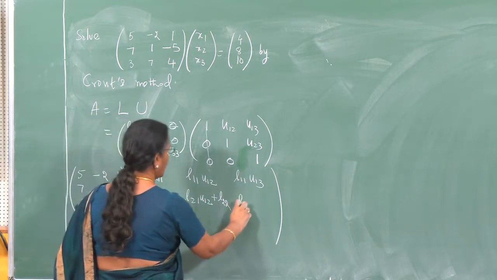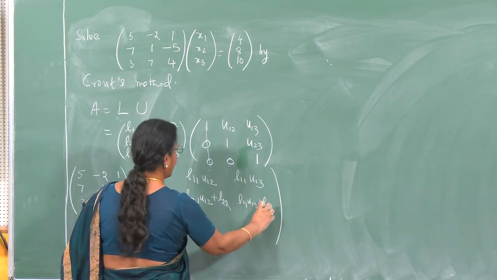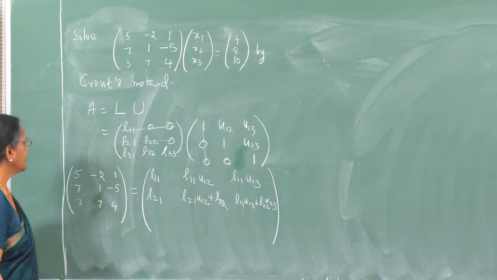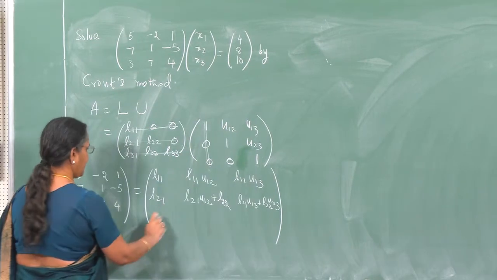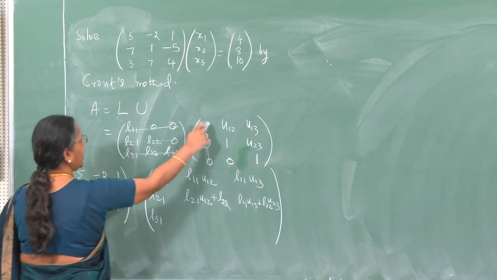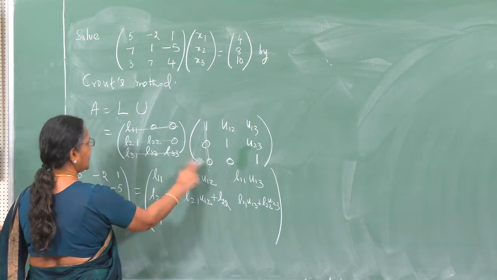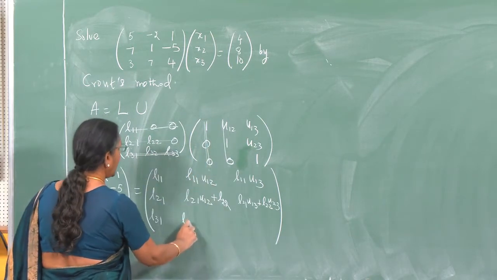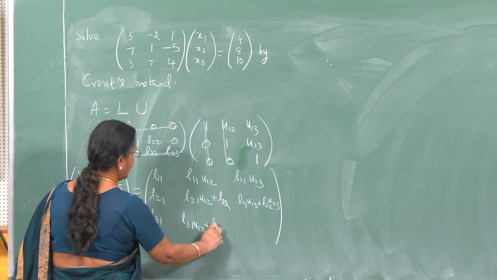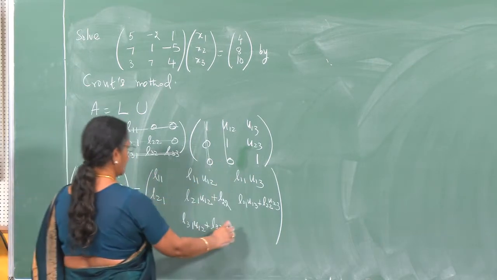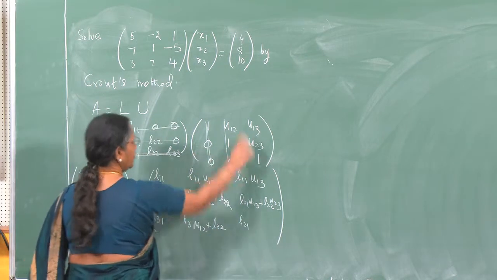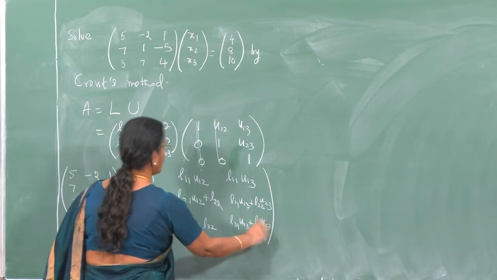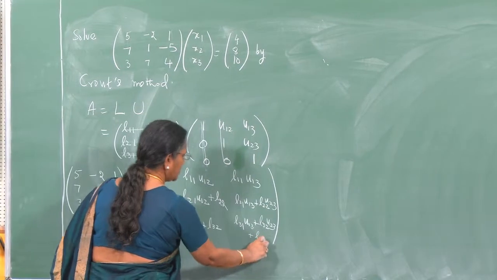Then L21 U13 plus L22 U23 plus 0 into 1. Then the third row into the first column: L31 into 1 plus 0 into L32 plus 0 into L33. Then third row into the second column: L31 U12 plus L32 into 1 plus 0, and finally L31 U13 plus L32 U23 plus L33.